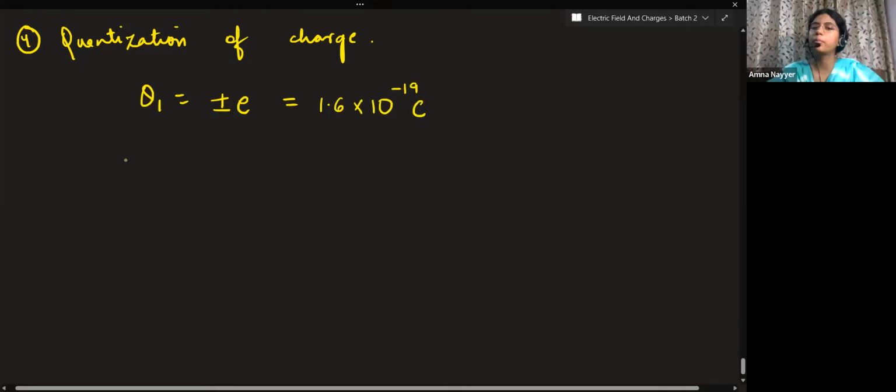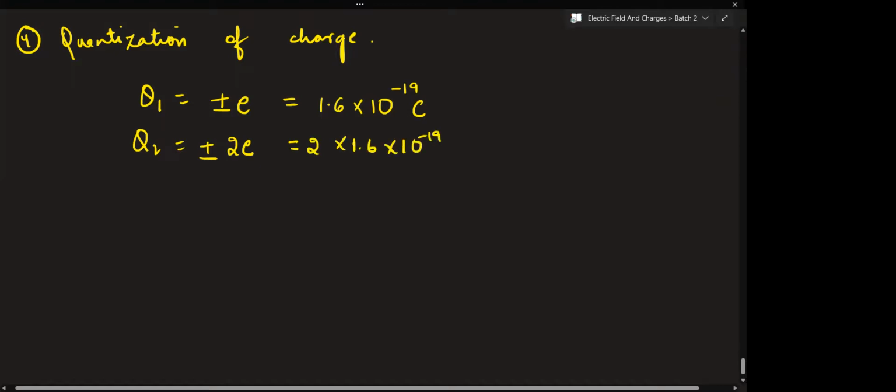Okay, this is Q1. This is for 1 electron I have taken. Now I take 2 electrons. Let's say I have taken not electrons but any charge, let's say plus minus 2E. If I have 1, I have this much amount of charge. Now I have taken 2. So what will it be? Simply it will be 2 times 1.6 into 10 to the power minus 19. Do you all agree? Yes, ma'am.